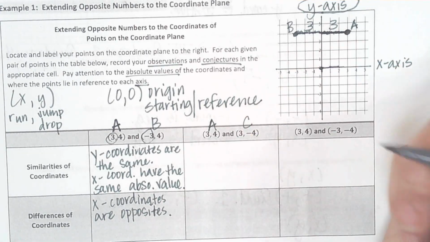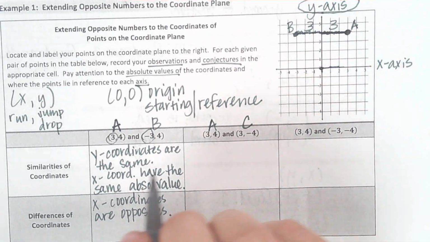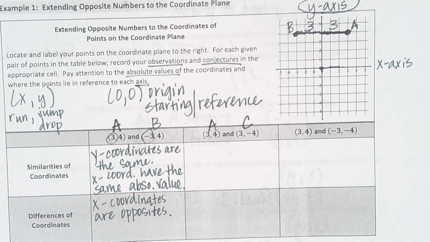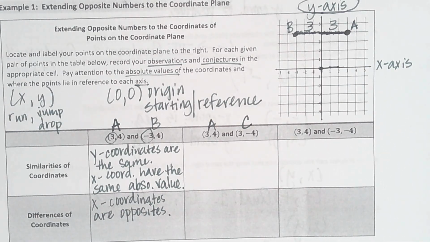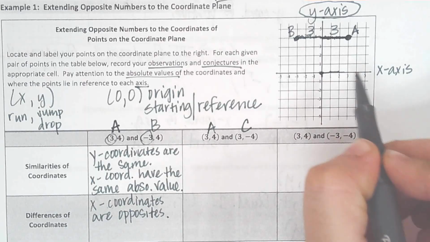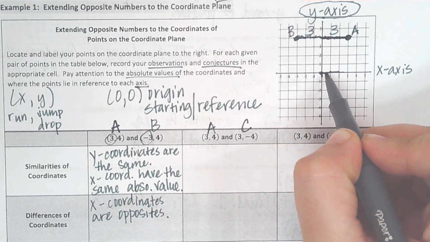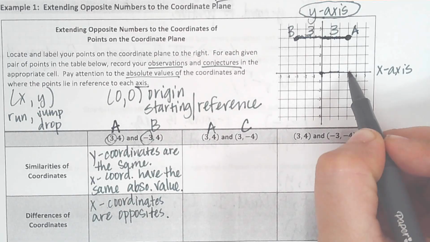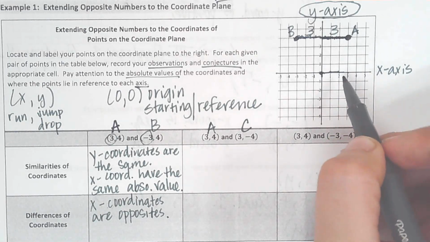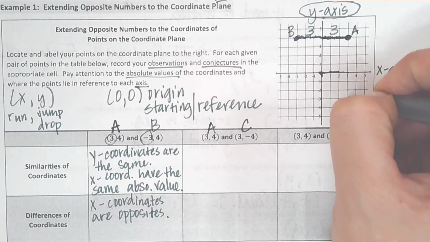We're going to label it C. So everybody go label and find C. Well, to find C, I need to go to the right 3, but now this time I don't go up 4, I go down 4.